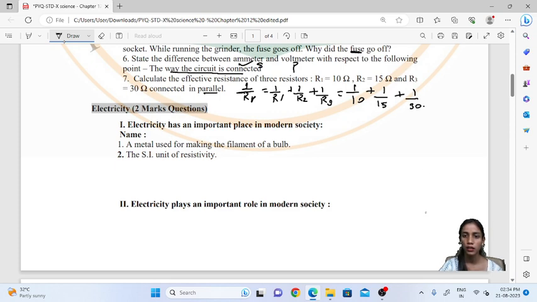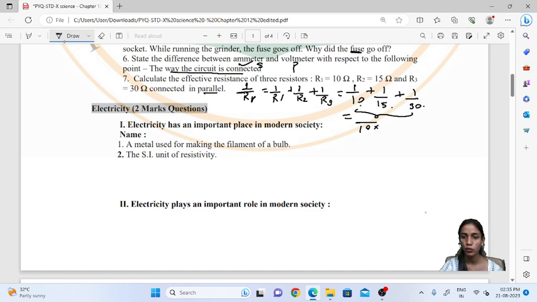Okay, now I have to solve this. So for solving, I will take the LCM of all this, and after taking the LCM I get the final LCM as 30. So I have to make all these 3 denominators equal to 30.